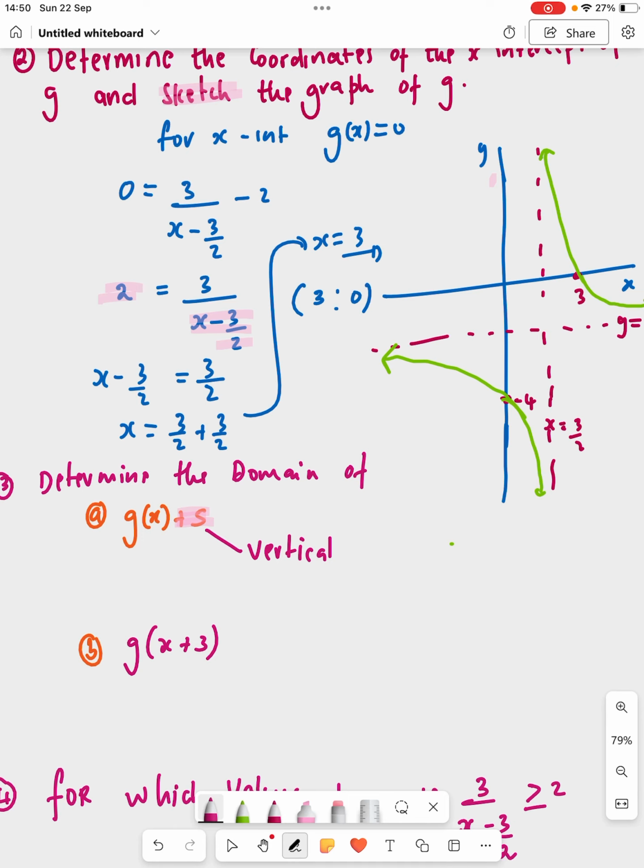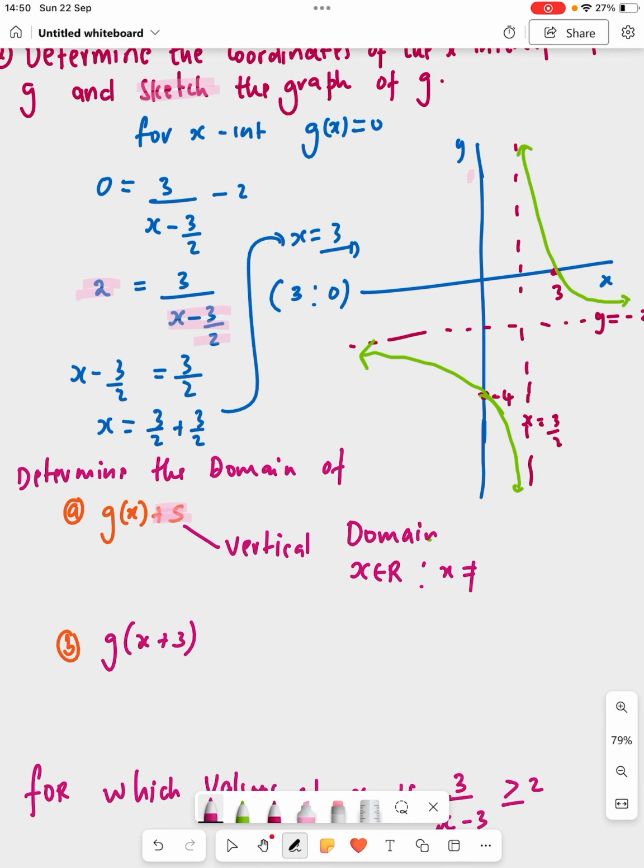So that means our domain will remain as x is an element of all real numbers, but x is never equal to our vertical asymptote, and our vertical asymptote is 3/2. So this plus 5 has nothing to do with the domain of the hyperbola. So it will remain as x is an element of all real numbers, but x is never equal to 3/2. It will only affect the range.